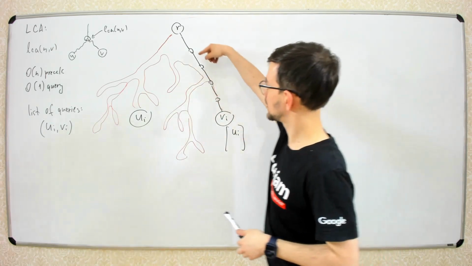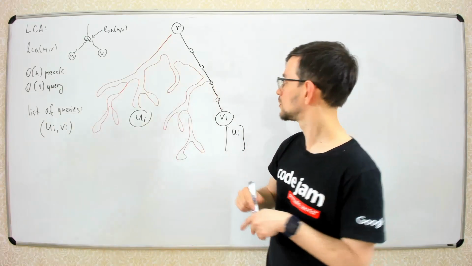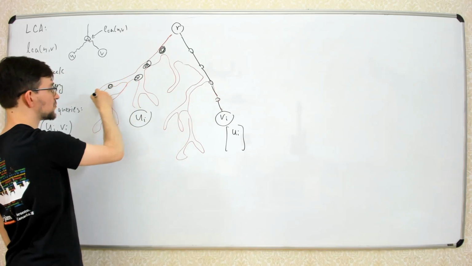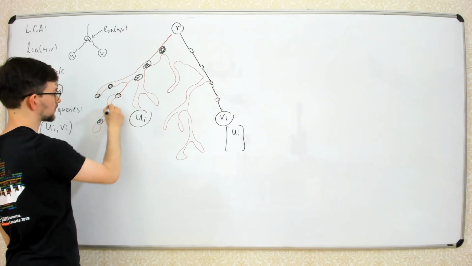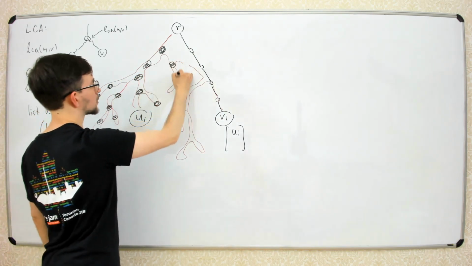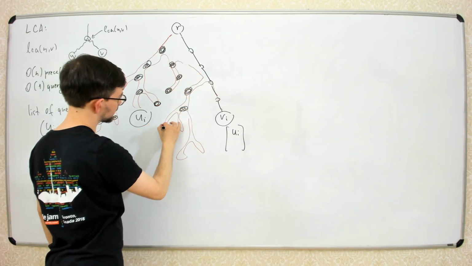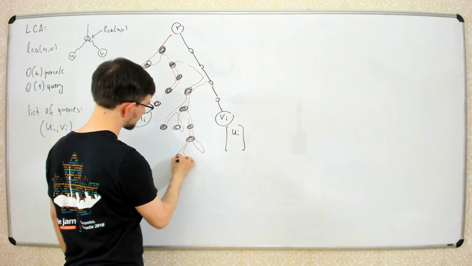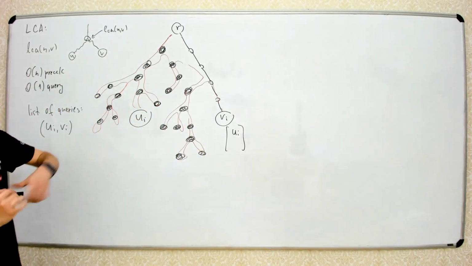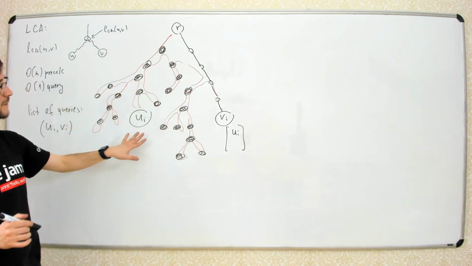So when we already finished the traversal of the subtree of the node, we will mark this node as black. So these nodes are black. So we already finished the traversal of these nodes. So these nodes are marked.